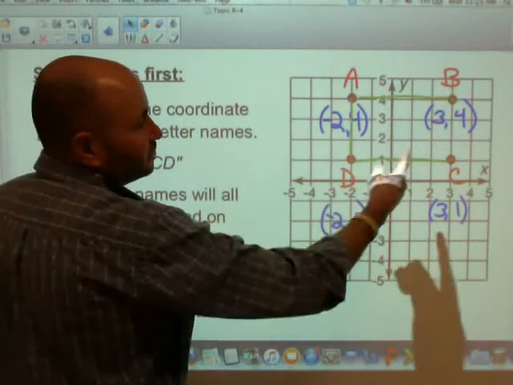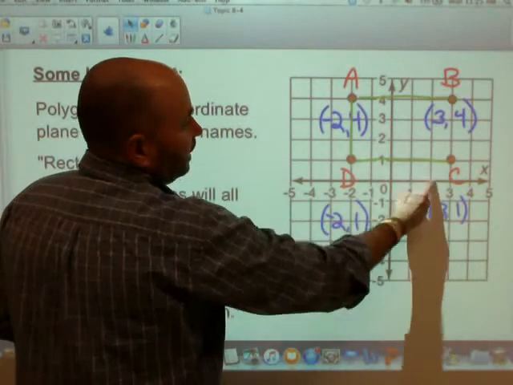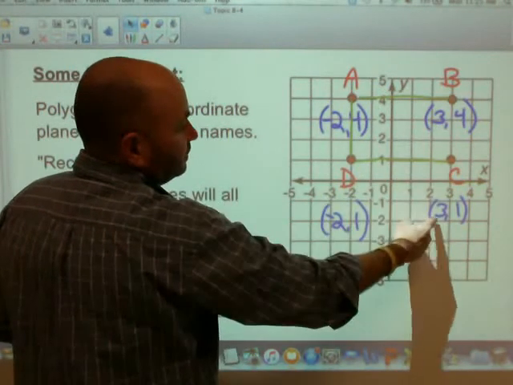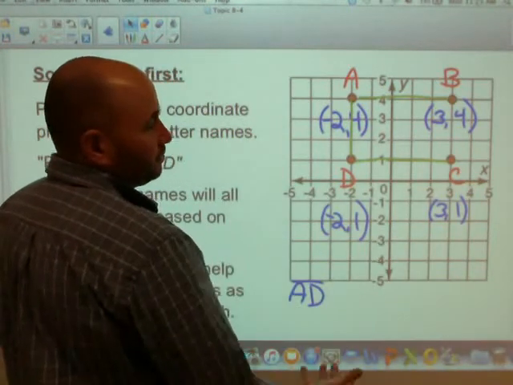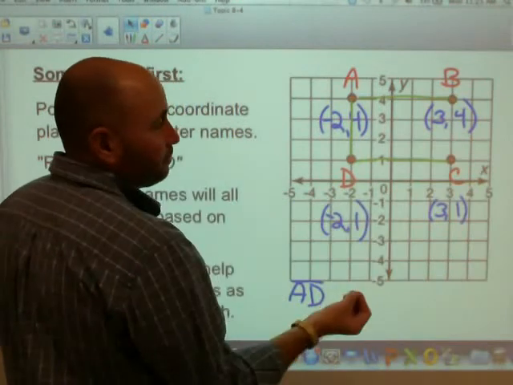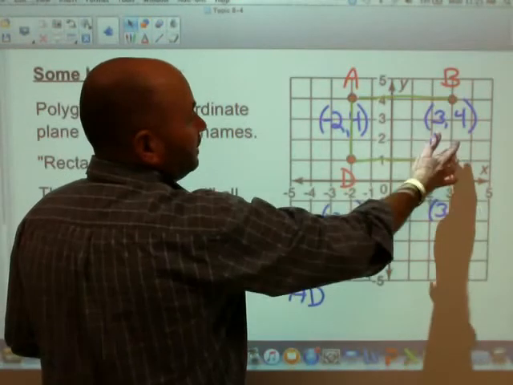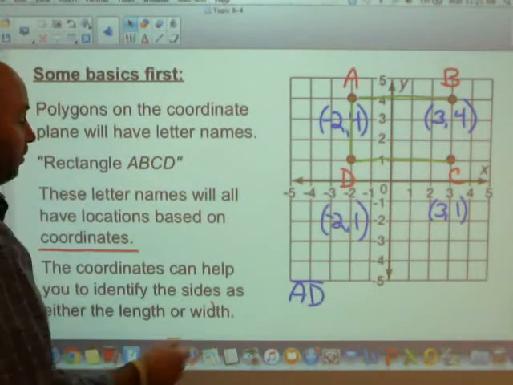Okay, and so likewise you can see over here that they have a common x value and they have different y values, which tells you that you again have 2 points that are in the same quadrant and that you want to find the distance by subtracting absolute value. All right, so that's some basics.